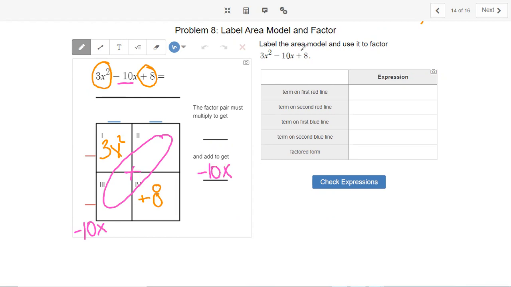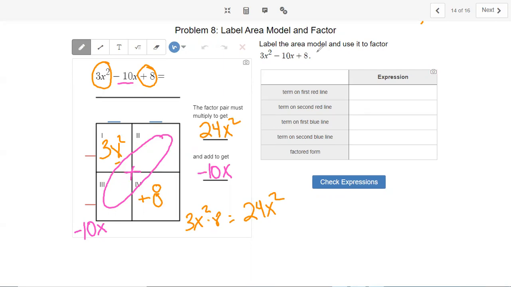Now, as we were doing this, we were looking at some patterns, and we realized that there was a relationship between this 3x squared and that 8. What we did was multiply those. So 3x squared times 8 is essentially just 24x squared. That's multiplying on the diagonal. So the factored pair, the numbers that we have to find, have to multiply to 24x squared, and then add to get that negative 10x.